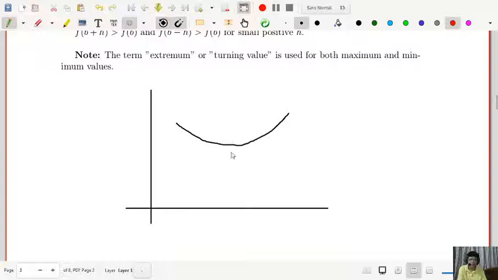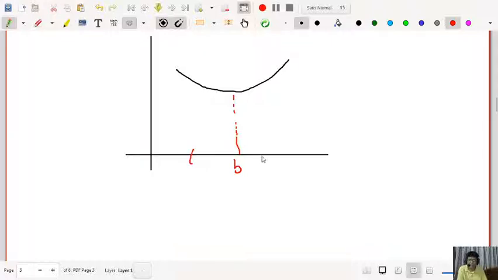Look at that, this is your point b and you take a small neighborhood of b, that is b minus delta and b plus delta. Delta is very small. You can take delta equal to 0.0001. So it's a very small quantity, a small neighborhood of b.